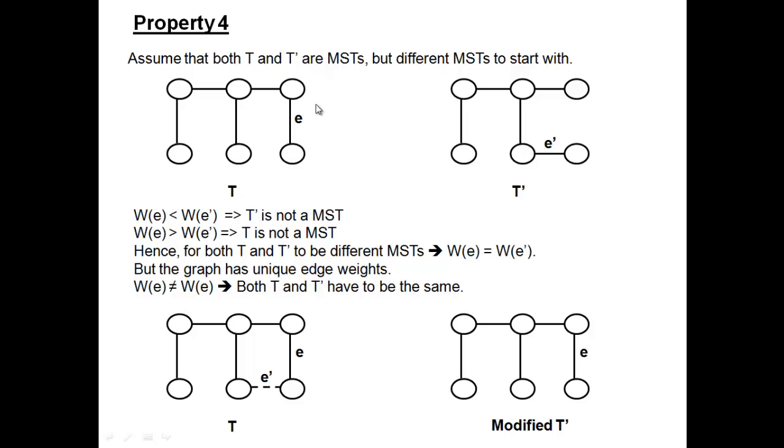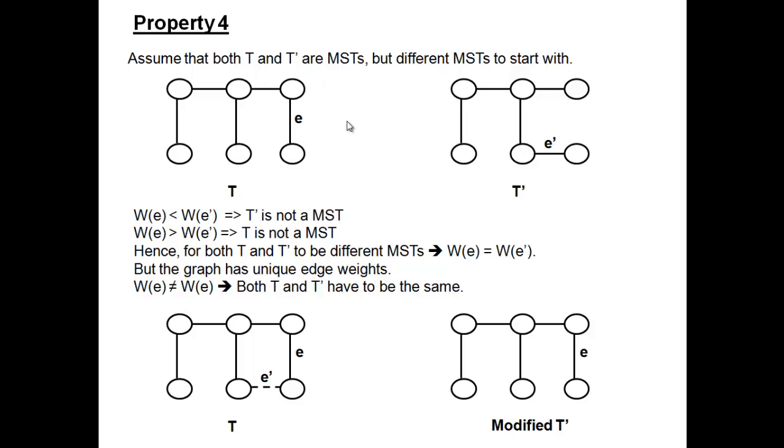It's just that both have the same weight, so instead of this edge we have this edge here, and instead of this edge we have this edge here, right? So that the sum of all the other edge weights plus this edge should be equal to the sum of all the other edge weights plus this edge. If you want to maintain both T and T prime as minimal spanning trees, then the weight of E has to be equal to the weight of E prime.